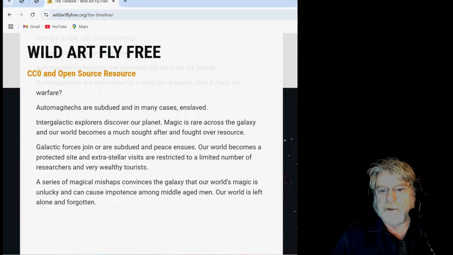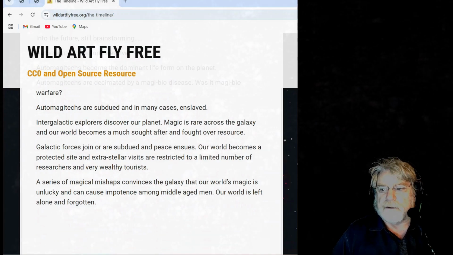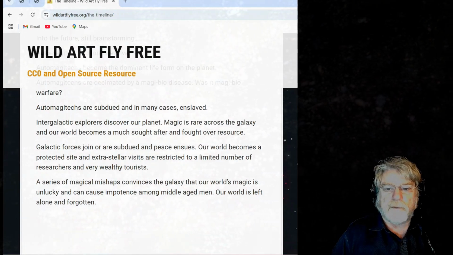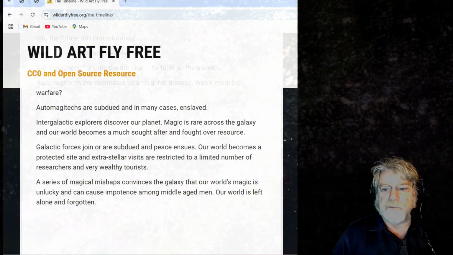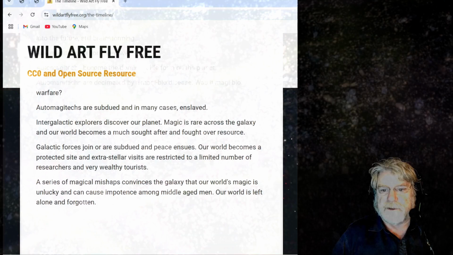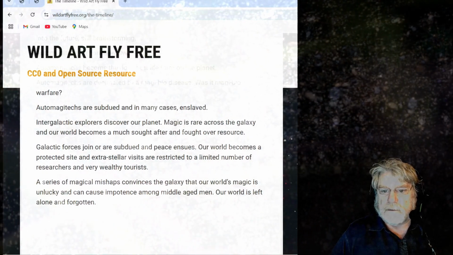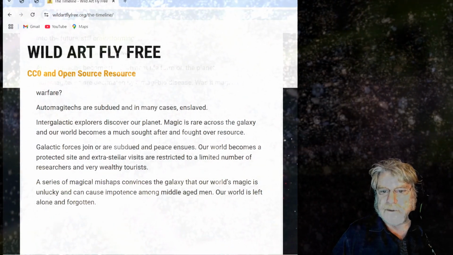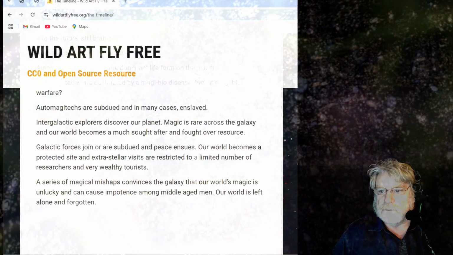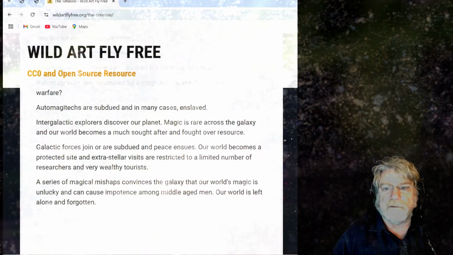Our world becomes a protected site and extrastellar visits are restricted to a limited number of researchers and very wealthy tourists. Okay, so our planet Opsapuduk becomes a tourist trap after the automagitechs are subdued. Or maybe they break free and they're the ones in charge now.